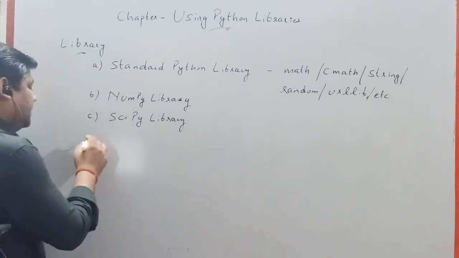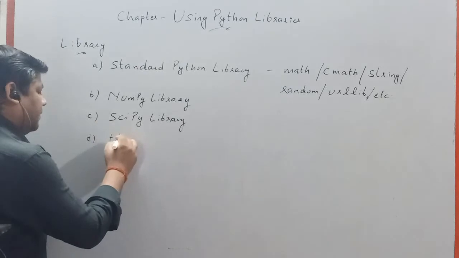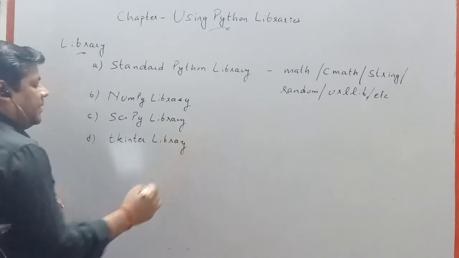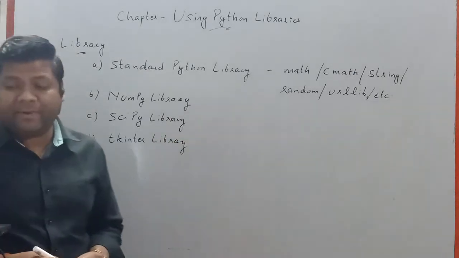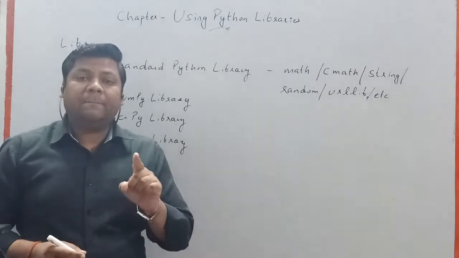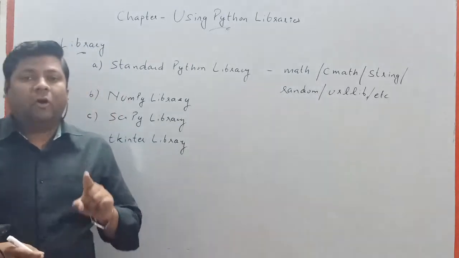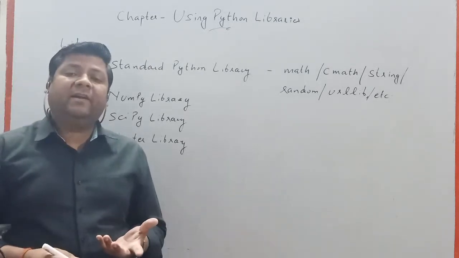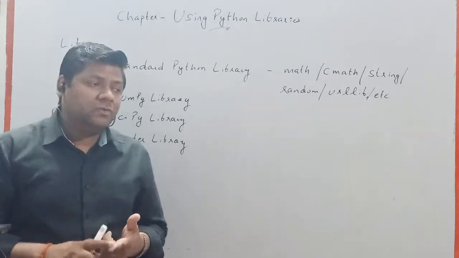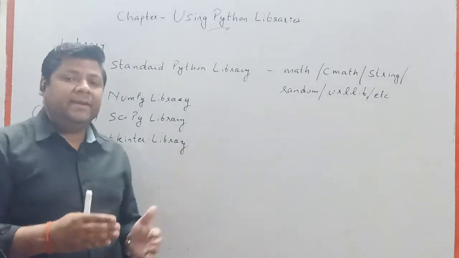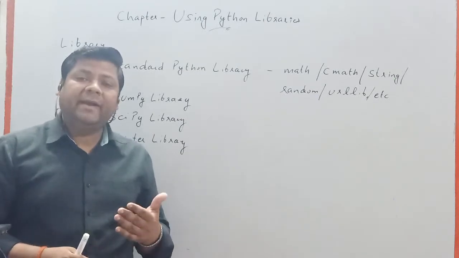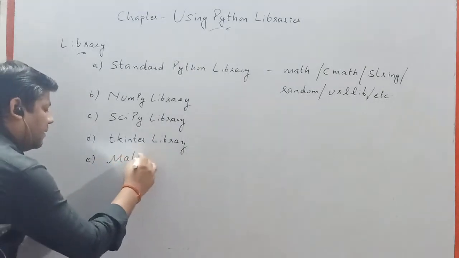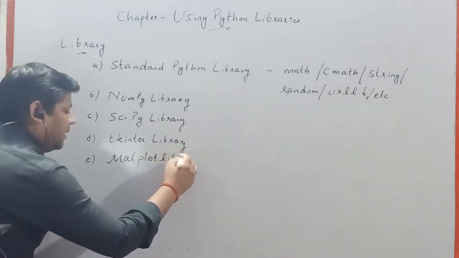Okay. Next one is the tkinter library. It is a very important library file. This library consists of the traditional Python user interface toolkit which can be used to create user friendly graphical user interfaces. Now the next one is the Matplotlib library.